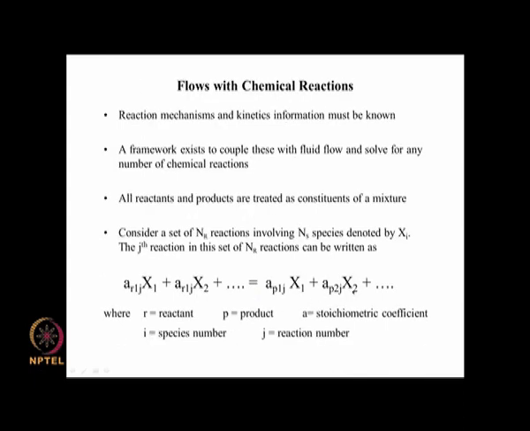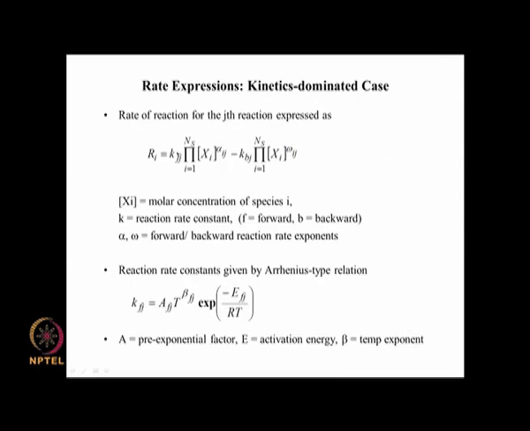The entire reaction scheme must be known, the stoichiometric coefficients must be known, the orders of the reaction must be known, and the rate constants, the exponential factors, and all these things must be known. If you know all these things, then as part of the calculation scheme of the equations that we have already discussed, we know at every point what is the concentration of that particular species.